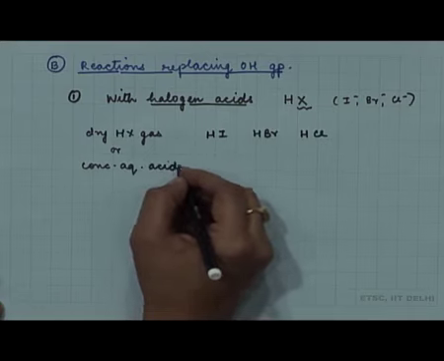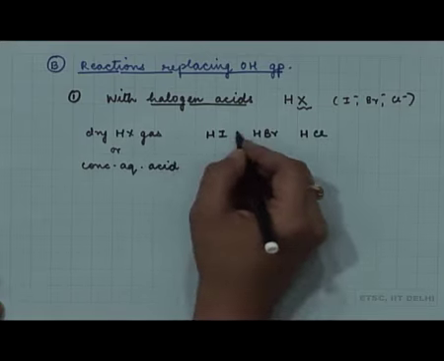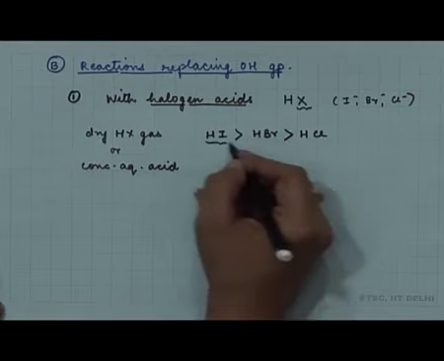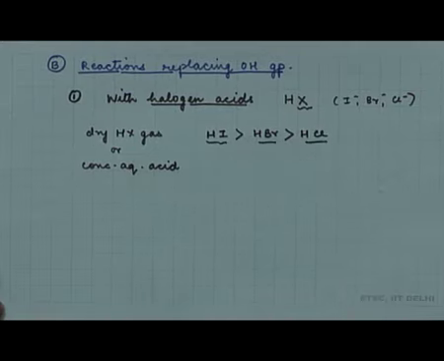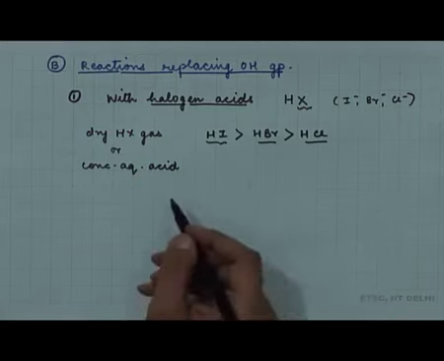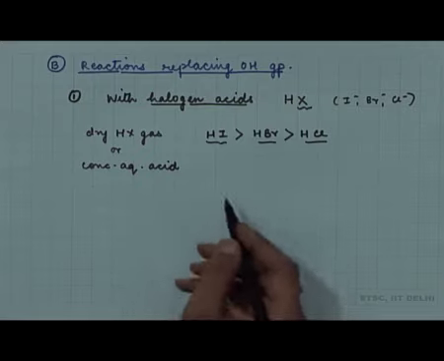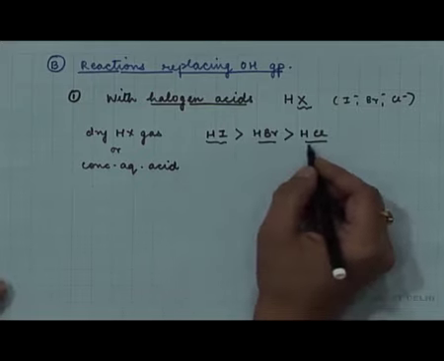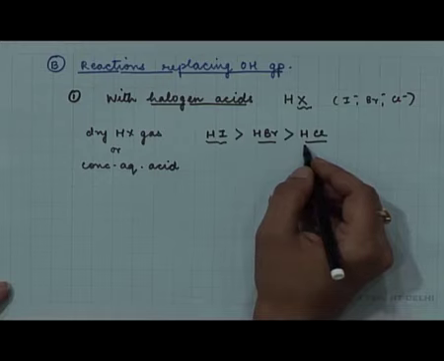Either of these forms, the reactivity of the halogen acid follows this order, that the iodo is the most reactive, followed by the bromo, followed by the chloro, and that is what imparts difference in the conditions under which each of these substitutions with the acids can be carried out.